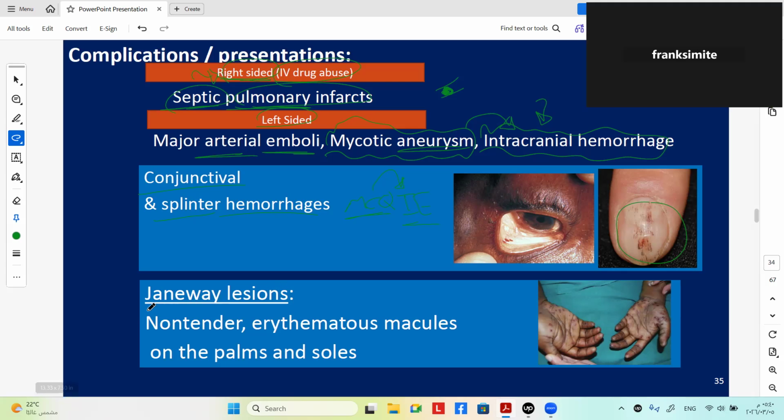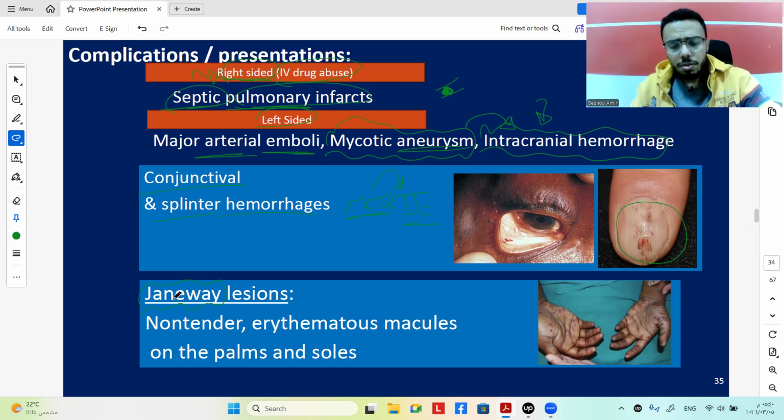Janeway lesion is a lesion like macules. A macule is something that's not elevated on the skin, it's just a discoloration of the skin. That's the definition of a macule. So in the palms and soles, it's called a Janeway lesion, and it's non-tender.